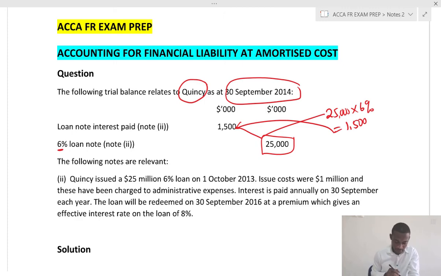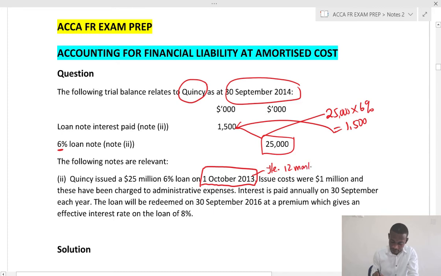Now, the additional information. Quincy issued a 25 million 6% loan note on 1st October 2013. Again, if you reconcile this to the year end, that should give you 12 months. Very important to note that.